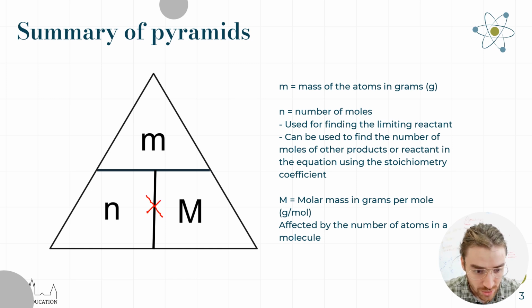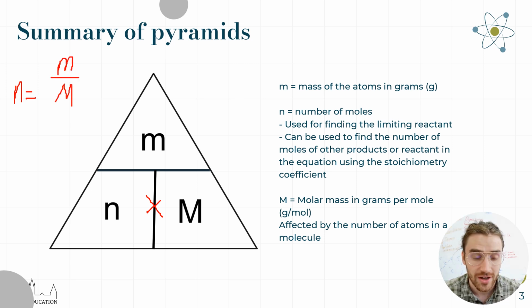So if we want n, it's going to equal our mass in grams over our molar mass. If we want to find out what the grams of our substance is, it's going to be our number of moles multiplied by our molar mass.